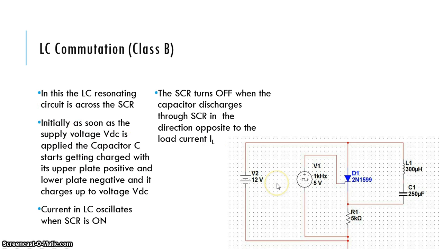This is the circuit which I have used in NI Multisim to get the waveforms for LC commutation. It basically consists of a DC supply, an SCR, the load resistance R1, and the LC circuit, the LC resonant circuit, which is responsible for the commutation.